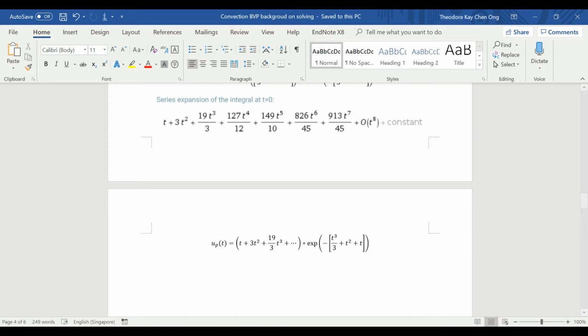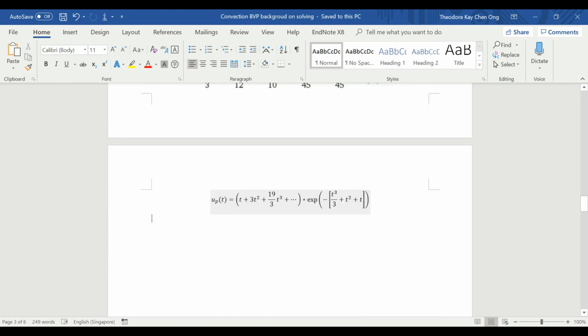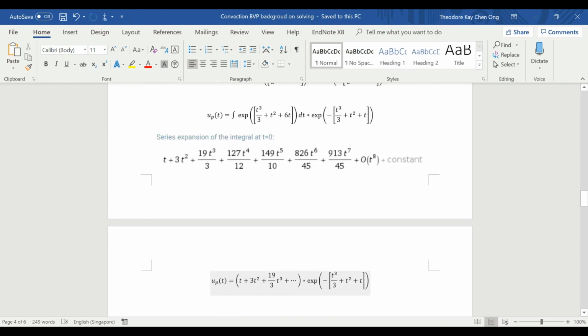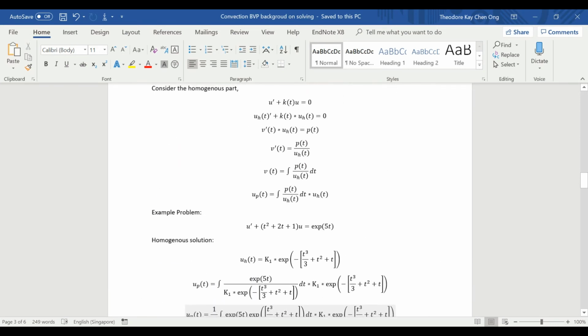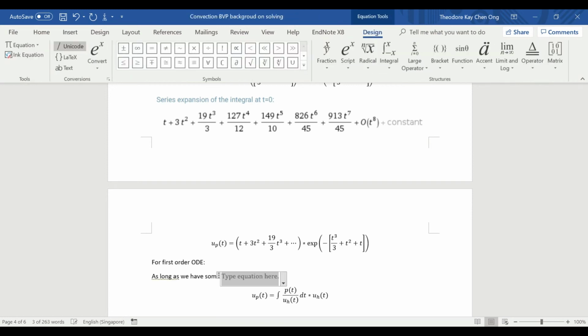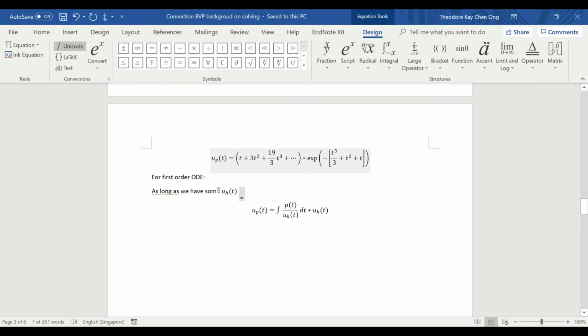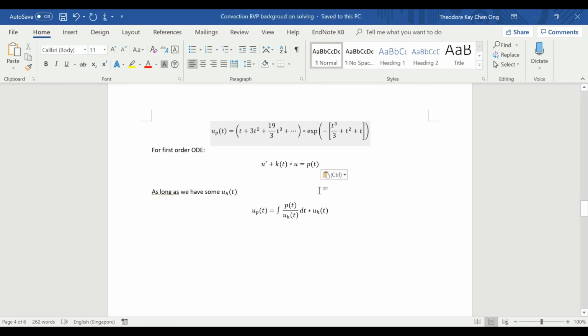So pretty much that's about it. For exploring variation of parameters, at least for the first order ODEs, we find that as long as we have some homogeneous solution UH of t, so if you want to solve, as long as we have some UH of t which satisfies the homogeneous part, so this is what we've just derived.